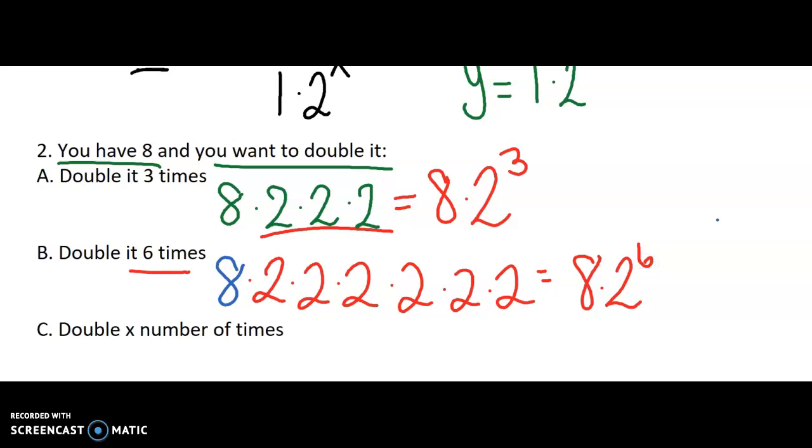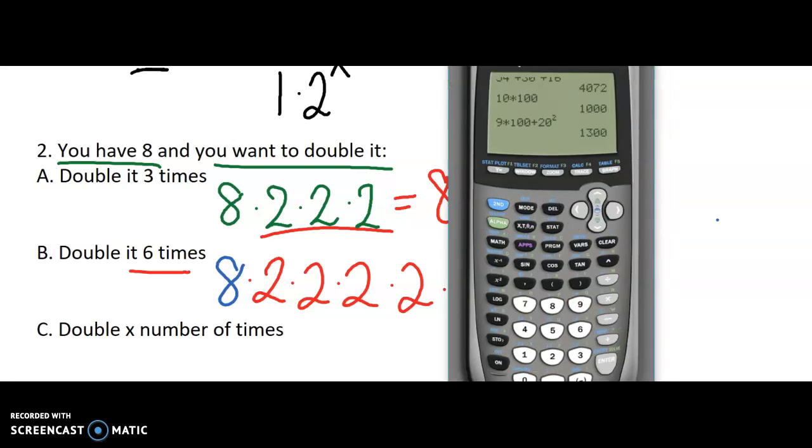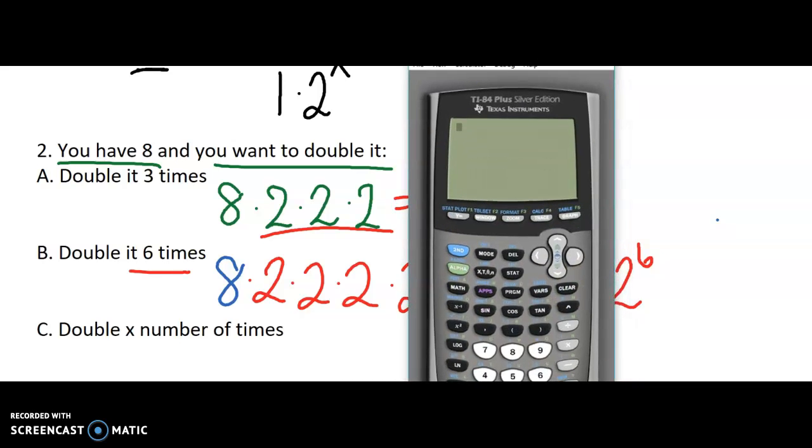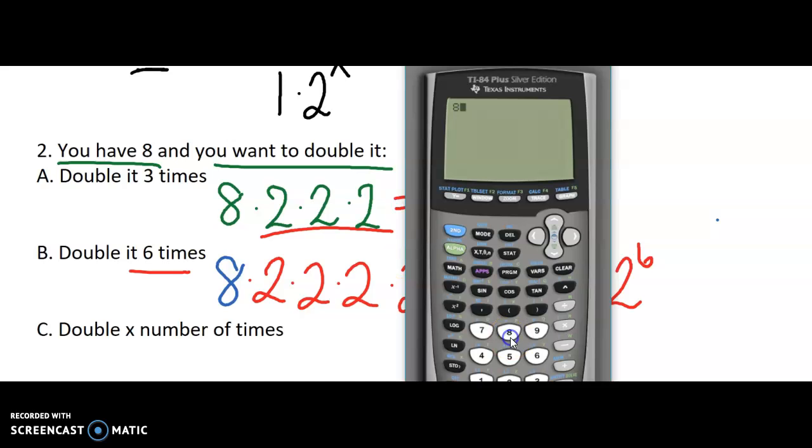Now, one thing that I would like to mention about this, and this is where we kind of have to get the idea of exponential functions, is that when I type this into the calculator, let's see, 8 times 2 to the power of 6, watch what happens. My number is huge. It's 512.